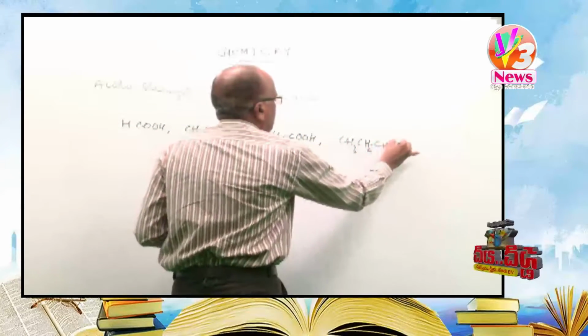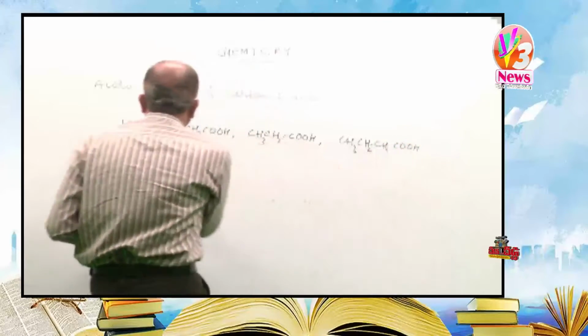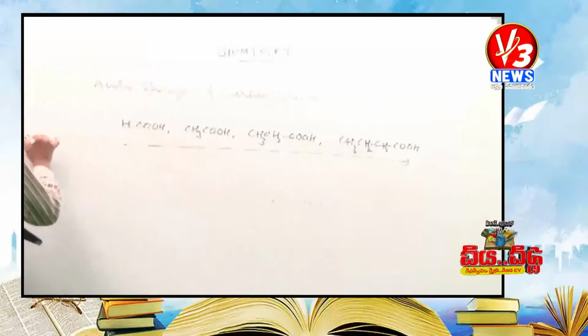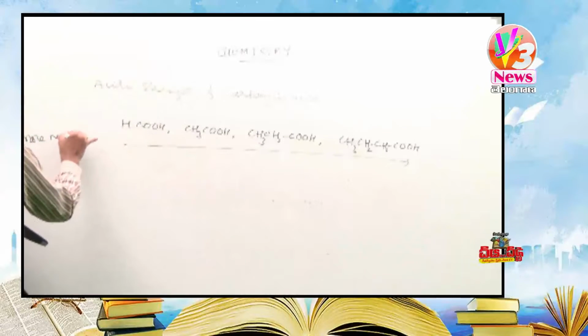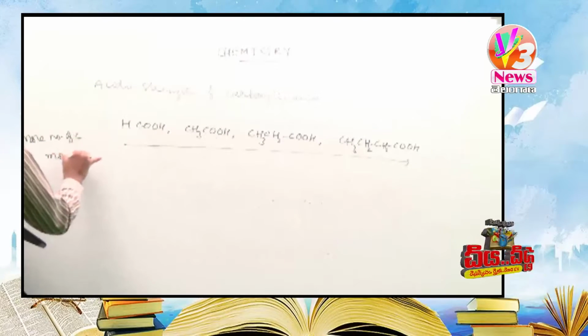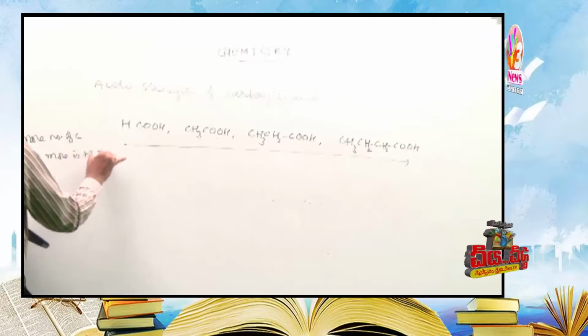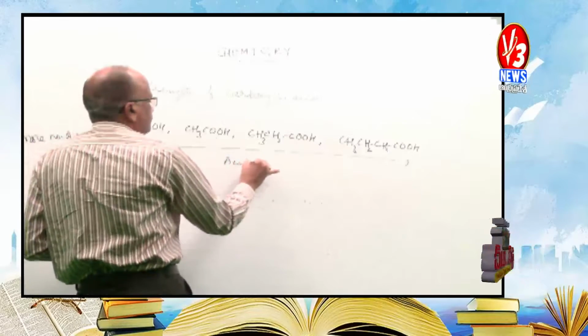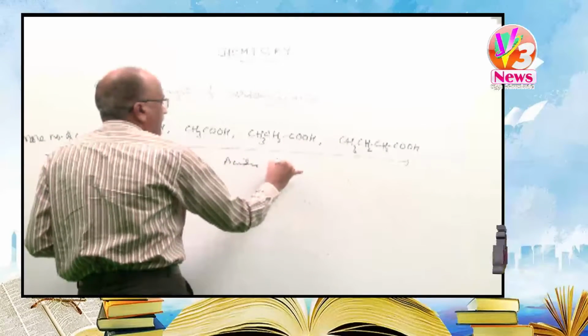With the increase in the number of carbon atoms in alkyl groups, the plus I effect increases. That you have to remember. More carbons, more plus I effect. Then acidic strength decreases.